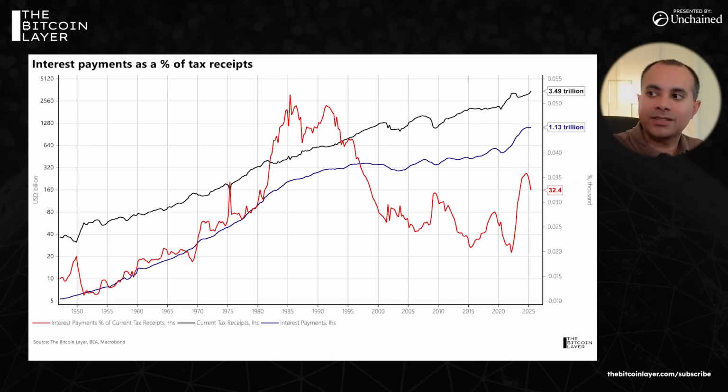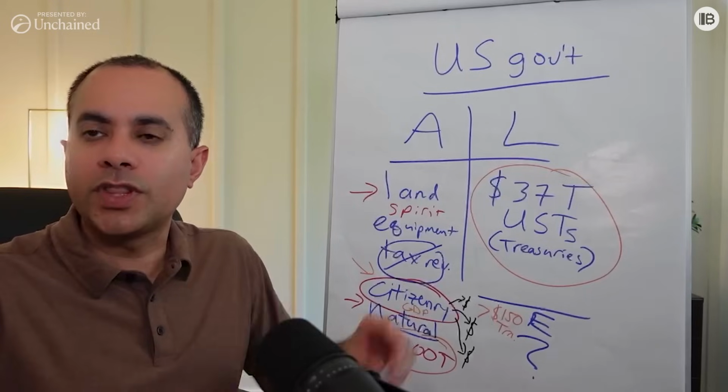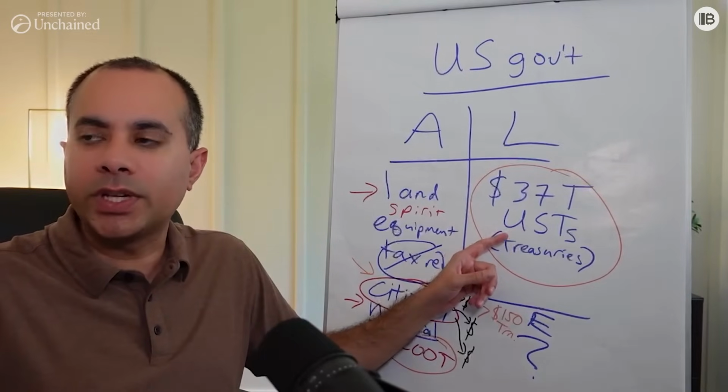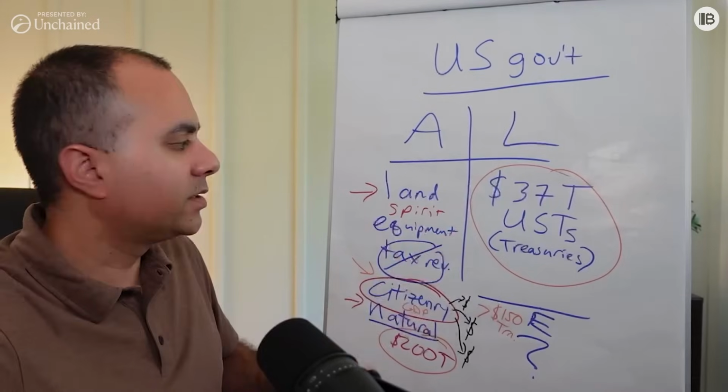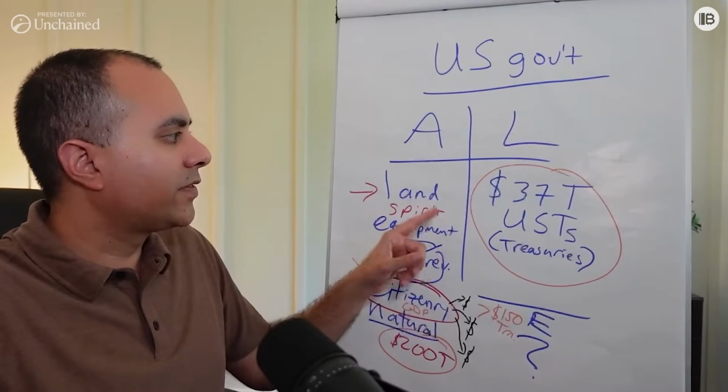It pays taxes to the government. So the black line on this chart is taxes collected, and the blue line on this chart is the interest payment on the liabilities. So that 1.13 trillion is the debt service annual payment for the 37 trillion.